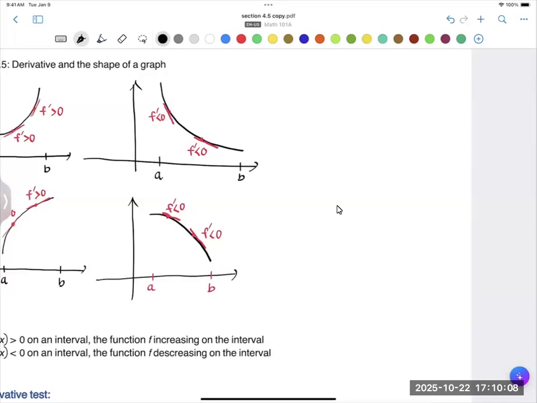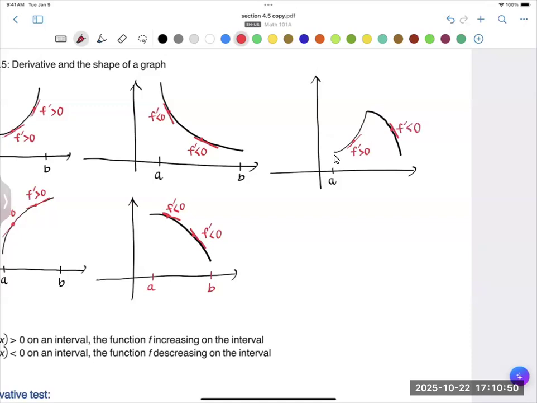Adding more information to the graph, let's take a look at this one. If I have the graph from A going this way, the slope here is positive, not increasing, positive. On the other side of the same graph, I have something like this, so right here the slope is negative.